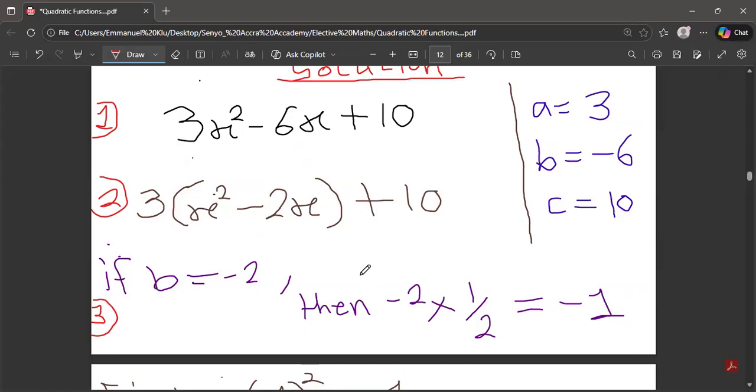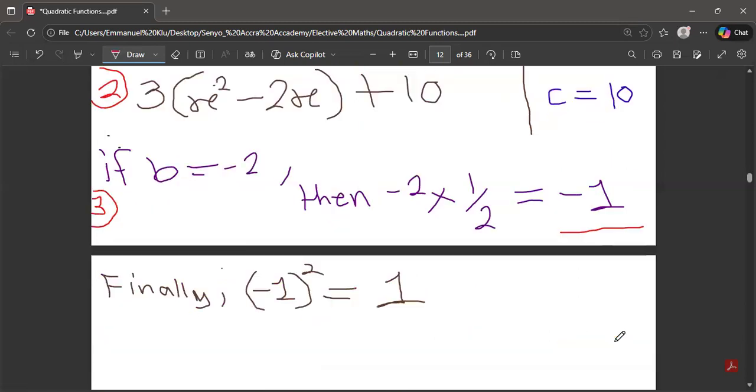We took half of the coefficients of x. Okay. Yes. That's why I say if b is equal to -2, then we have to just multiply half times b. And half times b, what are we going to get? We are going to get -1. At the end of the day, I come and take the square of this -1. Okay. So that is what the rule is saying.